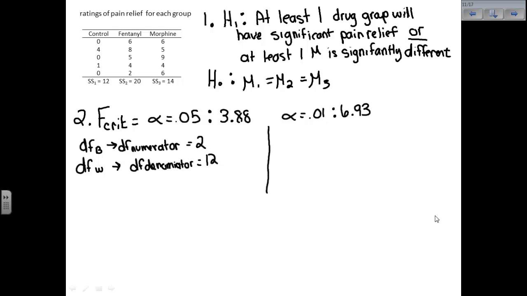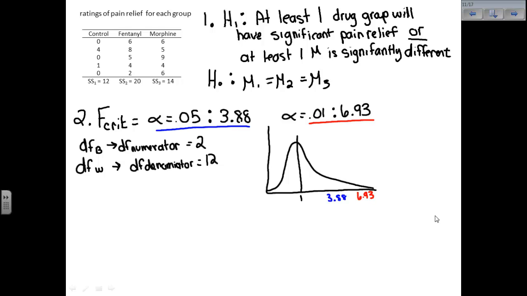So if we draw out our F distribution, and let's go ahead and color code. Let's do alpha level 0.01 and then alpha level 0.05. So 3.88 and then 6.93.